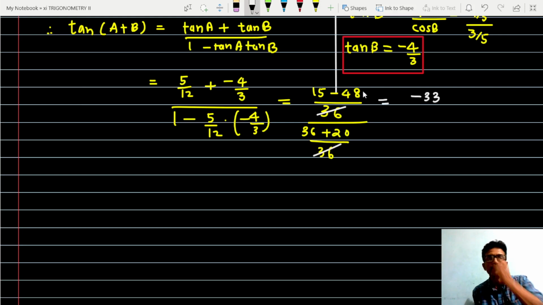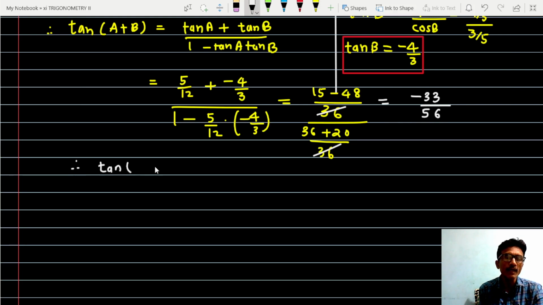Okay, minus 33 divided by 56. Minus 33 divided by 56, that is what you are getting for tan of A plus B. Therefore, tan of A plus B is equal to minus 33 upon 56. Done.